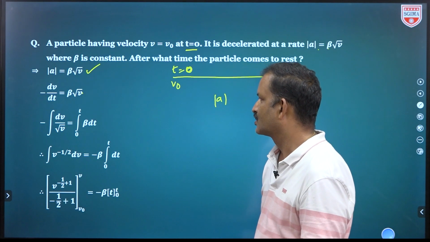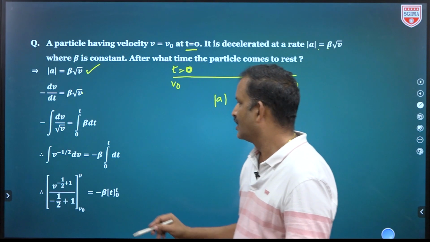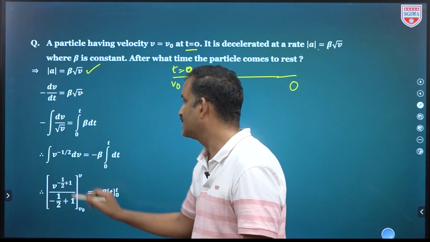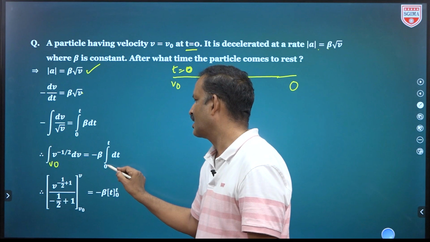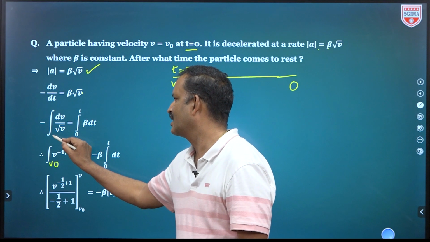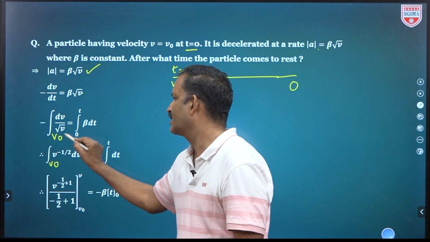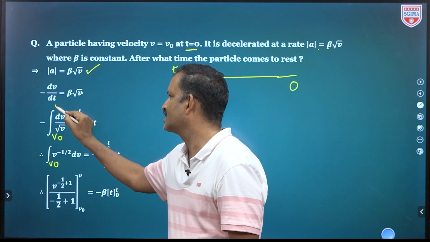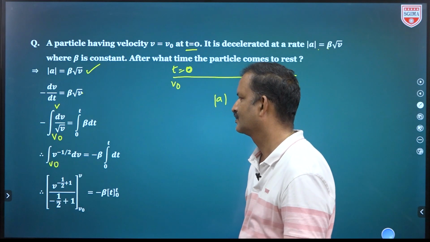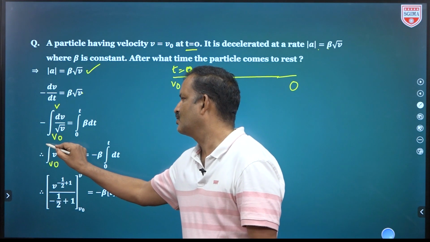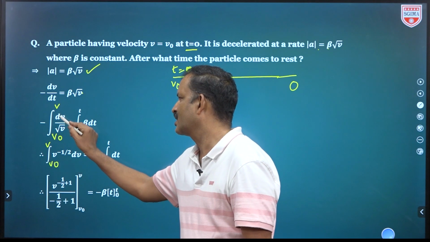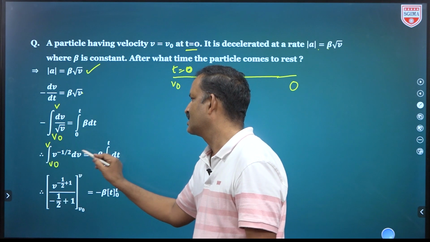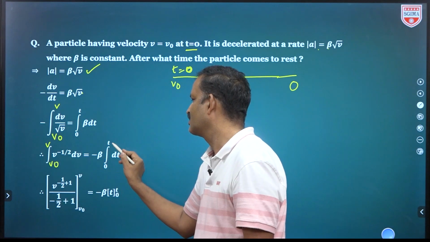Initially velocity is v naught at time 0, and at time t velocity is v. So, integrating from v naught to v, v power minus 1 by 2 dv is equal to minus beta dt.